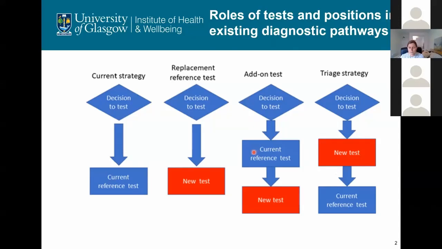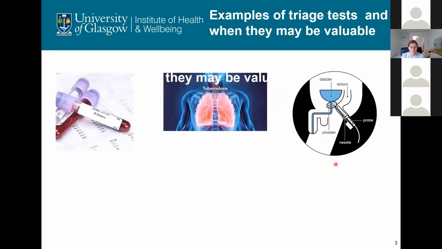So the GP sends for the X-ray, but they also get an MRI. And then what we're looking at today is using a test in a triage strategy so that your decision to send for the X-ray is actually determined by a new test. And there's many situations where this kind of scenario is useful.